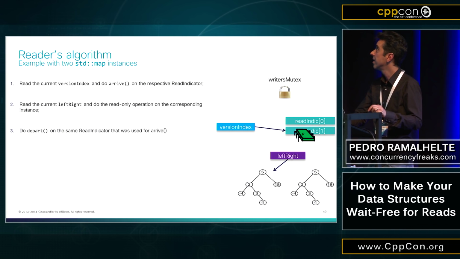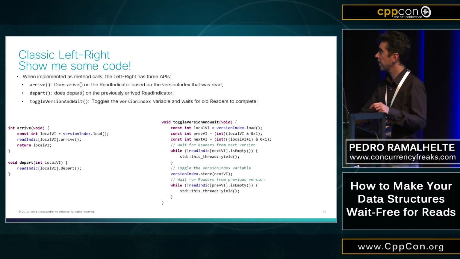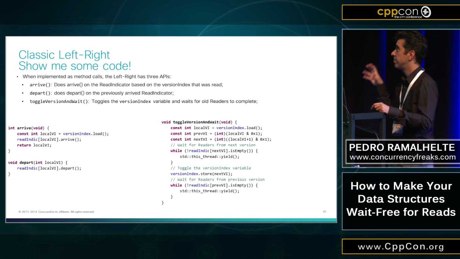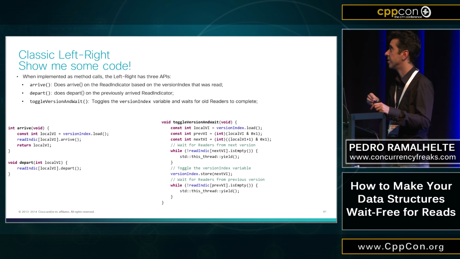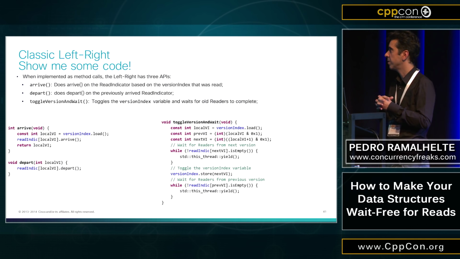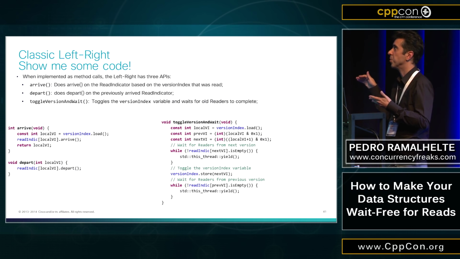And at the end, they do the depart, which is, again, an atomic store or an atomic fetch-add. So this is the first part of the mechanism. It's called arrive, depart, and toggle version and wait. But actually, if you know RCU, that Paul McKenney was talking about yesterday, this is actually a kind of implementation of that. So you can replace it with RCU if you want to.